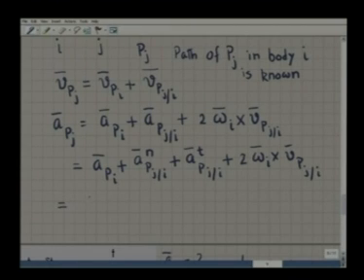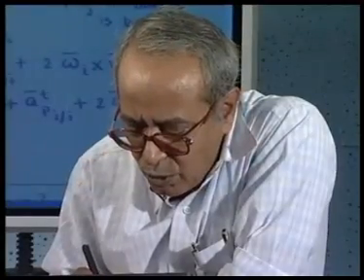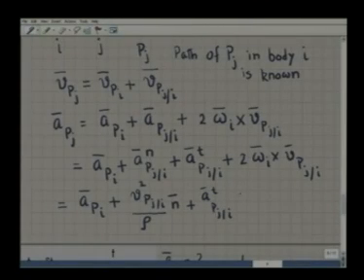After the velocity analysis is completed, as we see, this normal component will be completely determined, because this normal component is nothing but Vpji squared divided by rho of that known path along the normal direction towards the center of curvature, plus other two terms as usual, APji t plus a Coriolis, that is twice omega i cross Vpji.